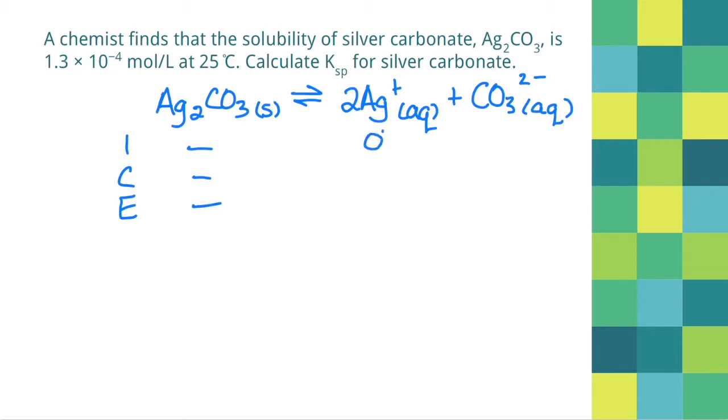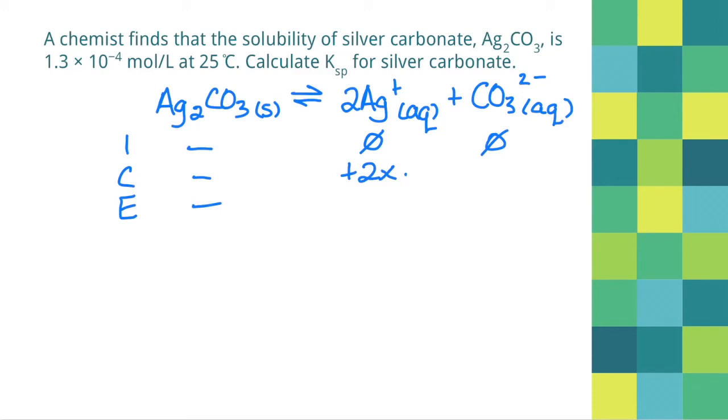For our ions, initially when we take silver carbonate and put that in water, the ion concentration is 0. But as it slightly dissolves, that is going to change until it reaches its equilibrium. And the change is going to happen the same way it happens in any equilibrium system. It is based on stoichiometric ratios.